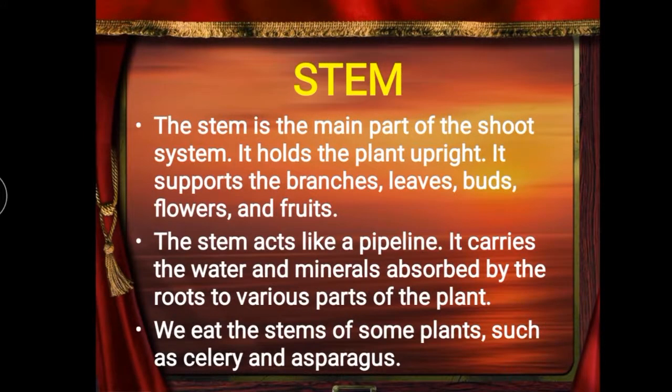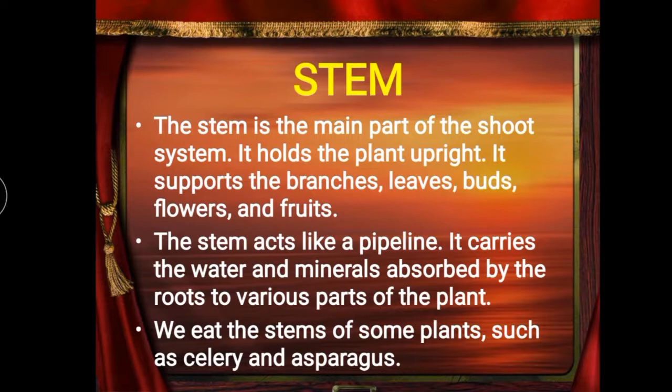First one, stem. The stem is the main part of the shoot system. It holds the plant upright. It helps the plant to stand straight. Then it supports the branches, leaves, buds, flowers, and fruit.